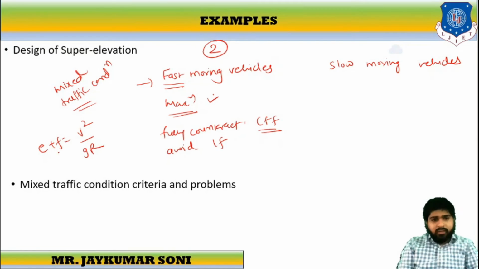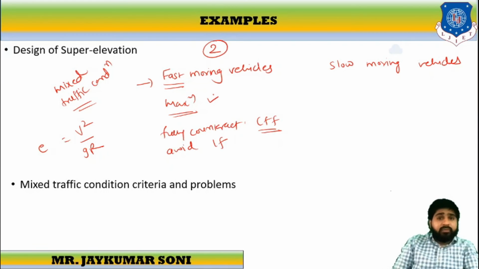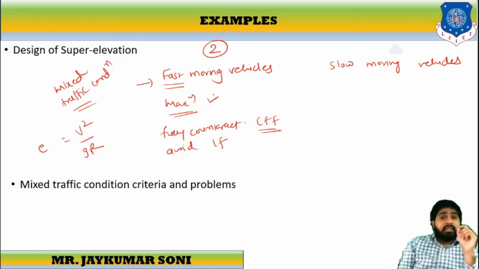We will ignore the value of f. Now the equation is e is equal to V square by gR. But whenever we are fully counteracting the centrifugal force, at that time we have to consider 75% of the design speed. That is the rule of IRC.